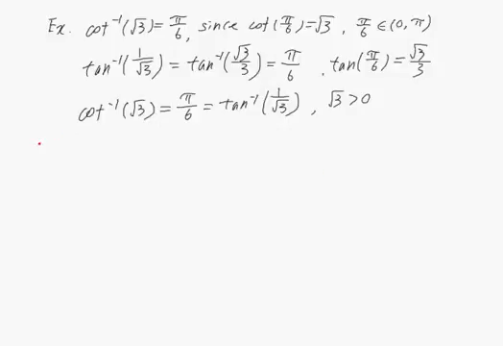So another example, we have the inverse cotangent of -1. Tell me what is the angle for this? Pi over 4 or negative pi over 4 or anything else? What is the angle?